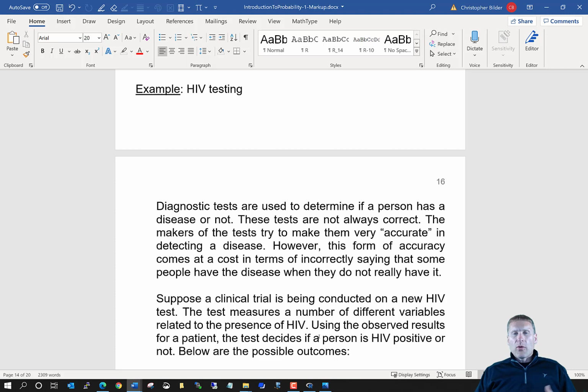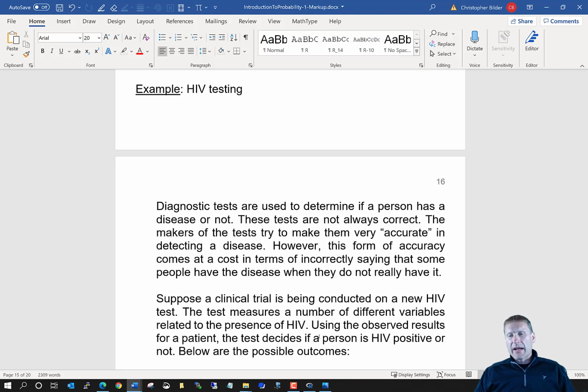Unfortunately, with infectious disease testing, most diagnostic tests are not 100% accurate. If you have ever heard of an expression like a false negative or a false positive, that's what happens with infectious disease testing. What we hope is that those probabilities of having a false negative or false positive are small.